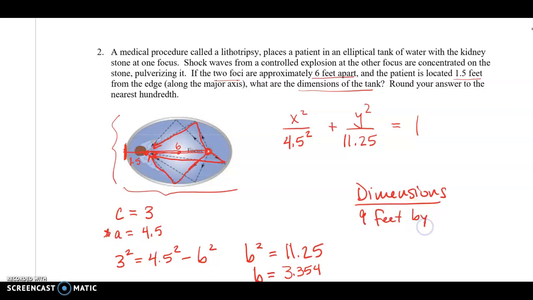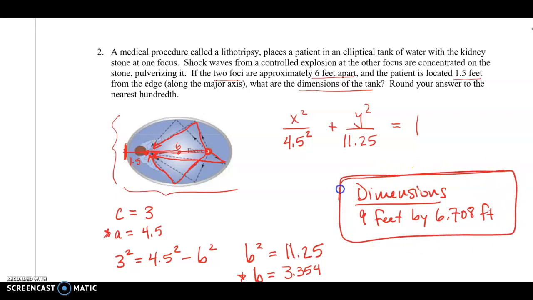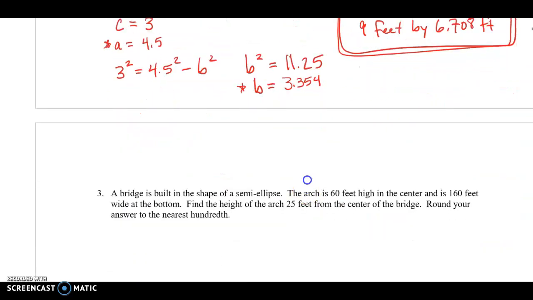And the minor axis would be double the b value. And so what would that be? About 6.708 feet. All right. So a neat little example of how an ellipse is used in the physical world. All right, moving on to one more problem.